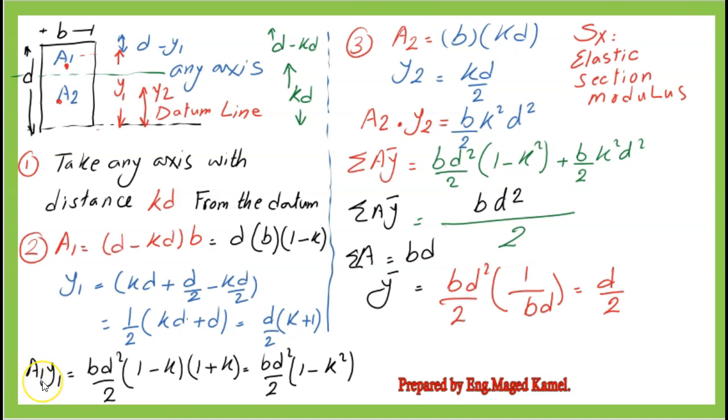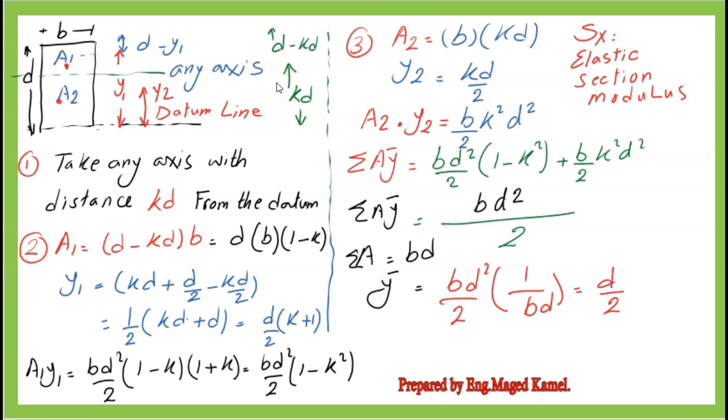Then the first moment of area, or A sub 1 times Y1, equals BD multiplied by (1 minus K) times D over 2 times (K plus 1), which can be rewritten as BD squared over 2 multiplied by (1 minus K squared). The third step is to estimate the second area, or A sub 2.